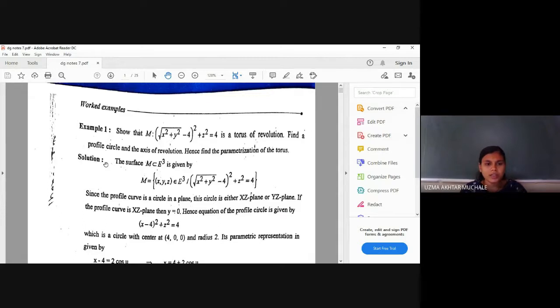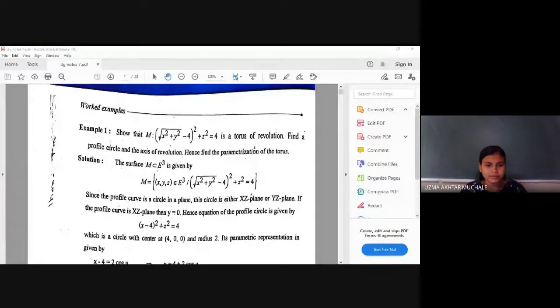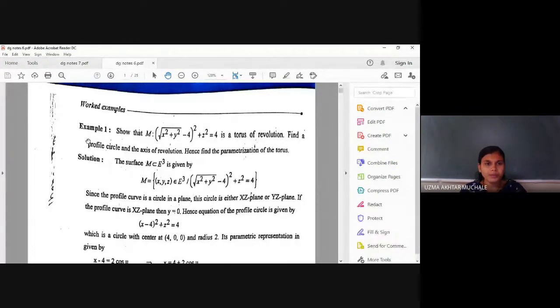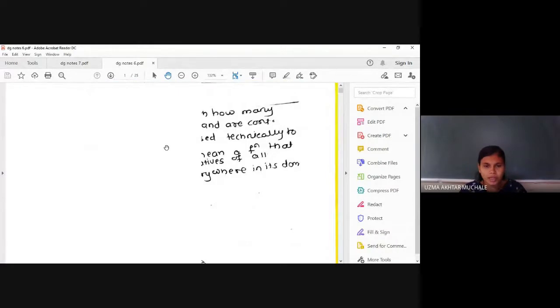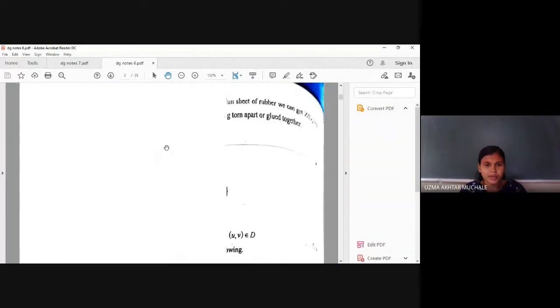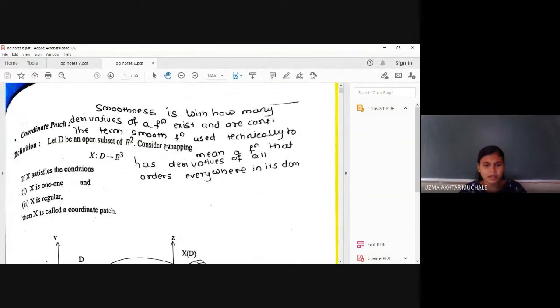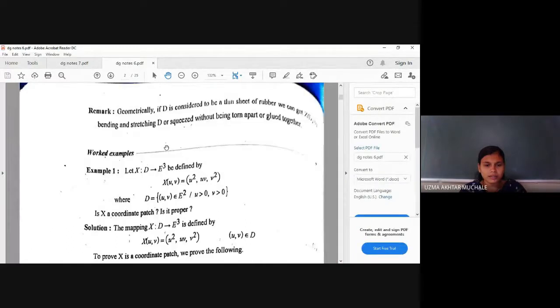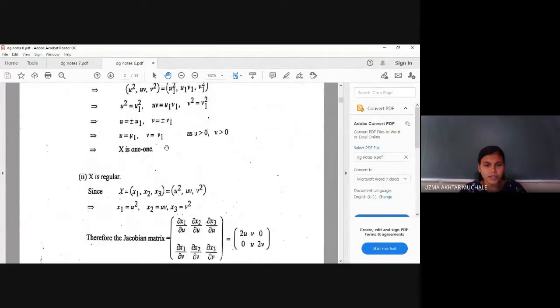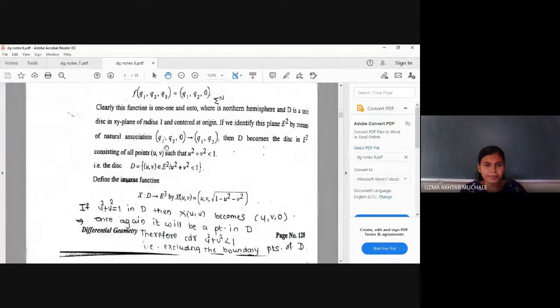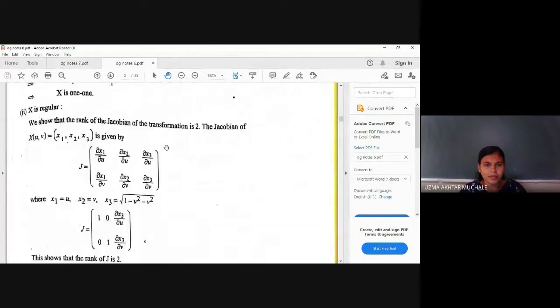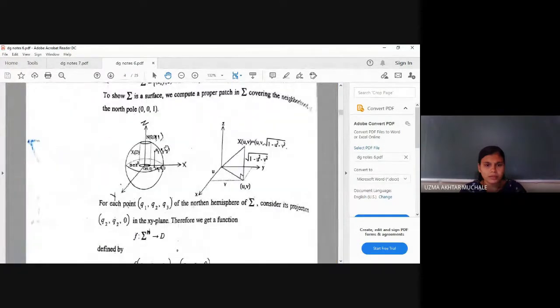The surface is constructed with the help of, if you remember, we have studied what is a patch computation. So how are you going to find a surface, or suppose you want to study that geographical patch that we have studied in the lecture.